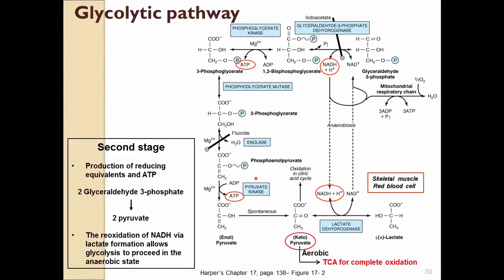You generate ATP directly from substrate-level phosphorylation. So you see two reactions producing ATP directly from substrate-level phosphorylation, right?